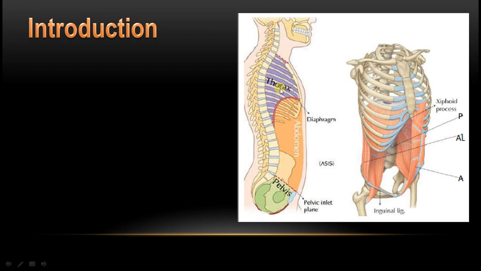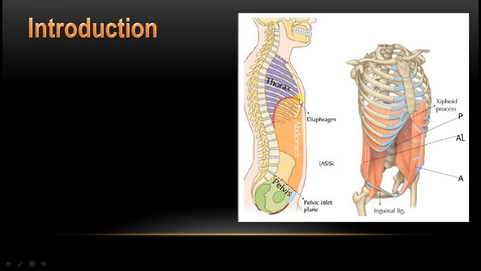The structure which divides the trunk into two halves is your diaphragm. So the part of your body cavity and the body wall together below the diaphragm is the abdomen.